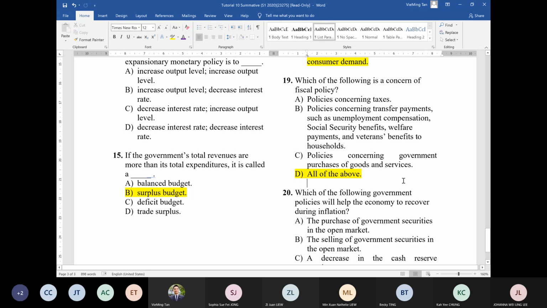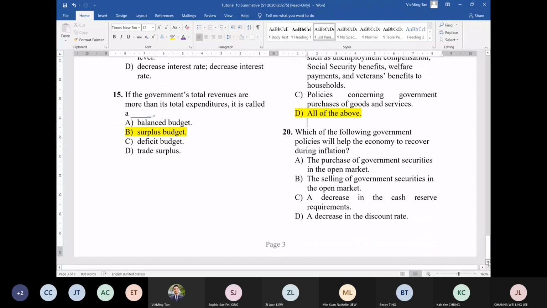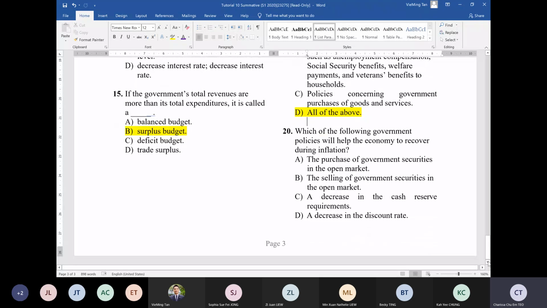Okay, question 20. Carissa, are you here? Which of the following government policies will help the economy to recover during inflation? D, a decrease in the discount rate.